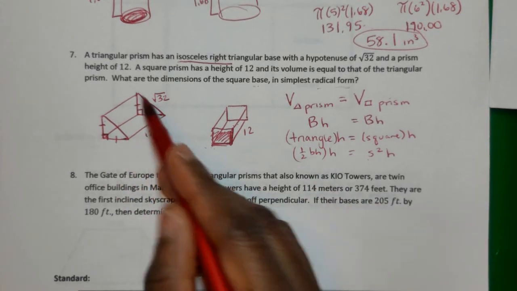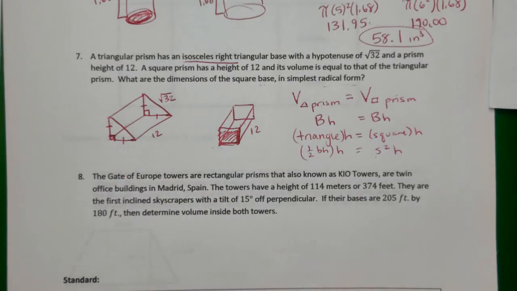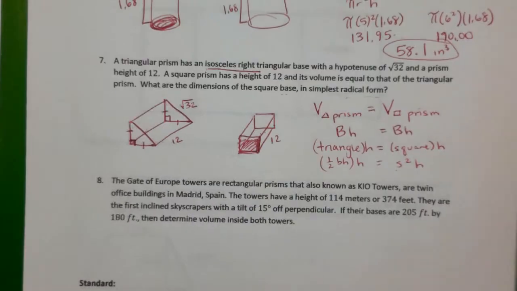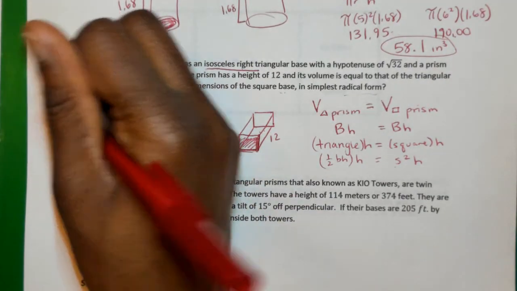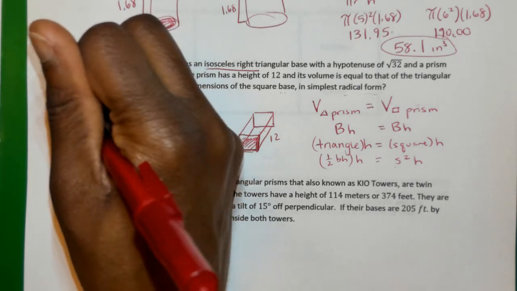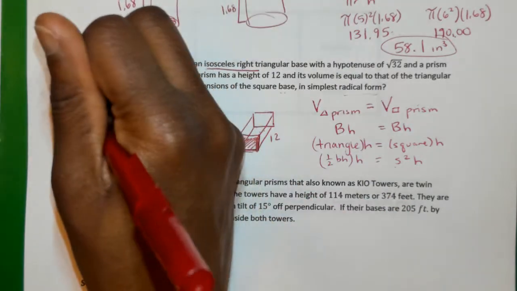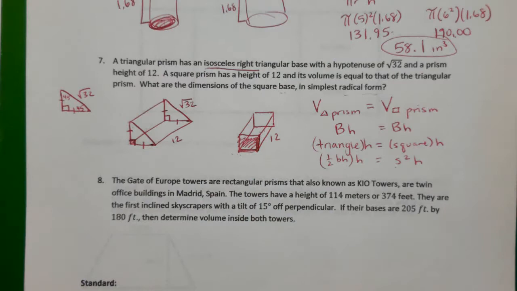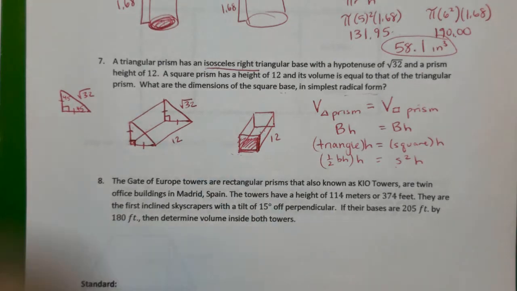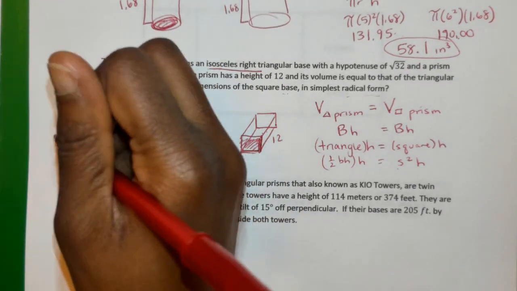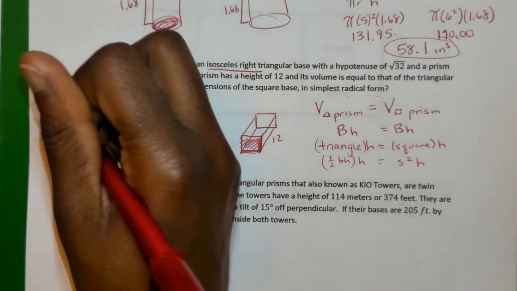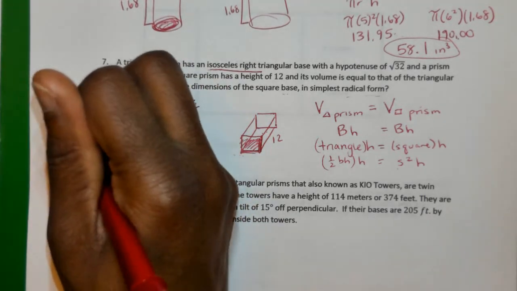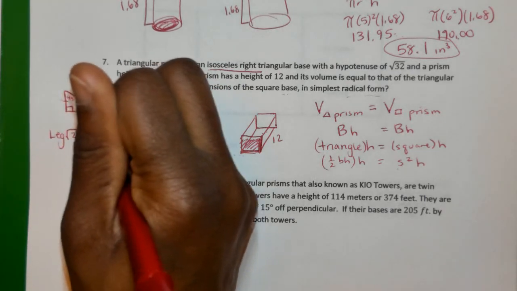So from the special right triangles unit, if you have an isosceles triangle, that means that these angles are exactly 45. So it's really a 45, 45, 90 triangle. So remember the ratio, if you're given the 45, 45, 90, is that the leg, these two, times radical 2 is equal to the hypotenuse.